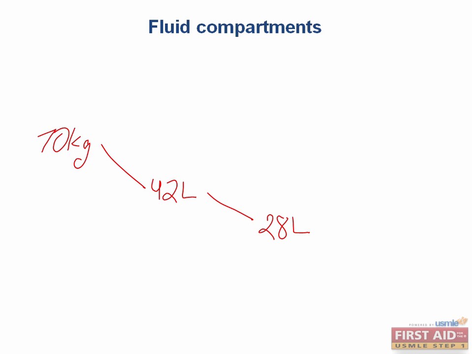The remaining one-third is about 14 liters, the water outside the cells. Of that ECF, about 1/4, or 3.5 liters, is in the plasma. The remaining 3/4, or about 10.5 liters, is in the interstitial space. Be sure to keep in mind the 60-40-20 rule of body water distributions. These calculations will flow a lot easier come test day.